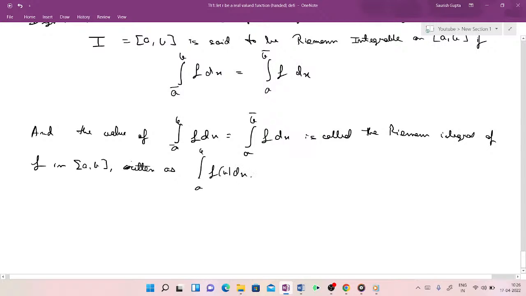We can write this as f(x) dx also, or we can write this as f dx. So this is a short way of writing f dx. You can write it as f(x) dx also, no problem in that.